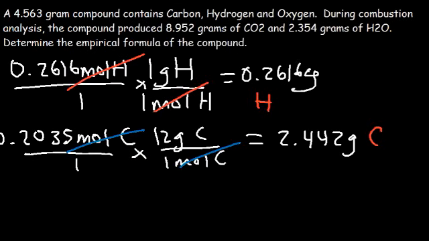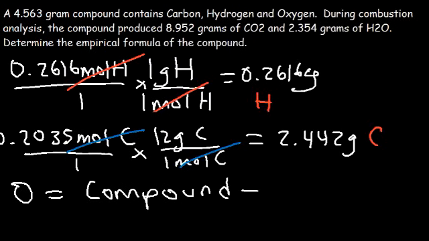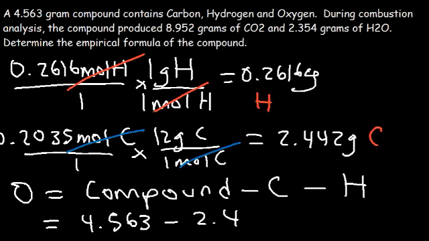Now that we have the mass of carbon and hydrogen, we can find the mass of oxygen. So the mass of oxygen is going to be equal to the mass of the compound minus the mass of carbon minus the mass of hydrogen. So the mass of the compound is 4.563 grams. For carbon, it's 2.442, and the mass of hydrogen is 0.2616.